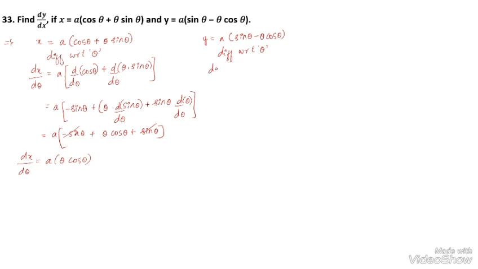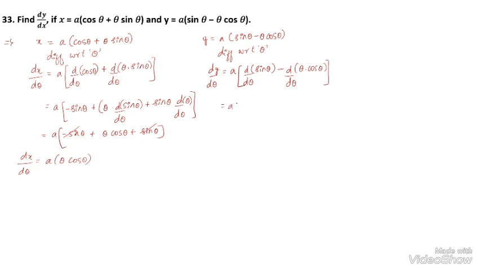Now, dy by d theta is equal to, taking a as a constant, d by d theta of, here also there are two terms. I can take separately sin theta minus d by d theta of theta into cos theta.